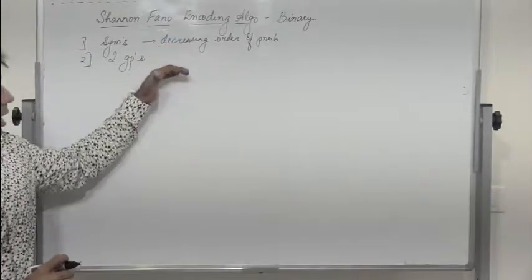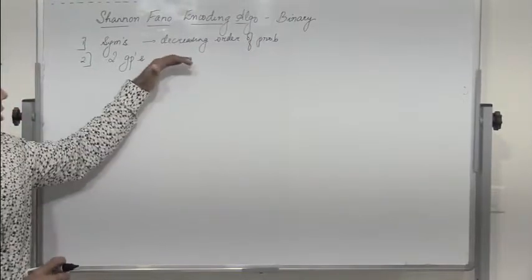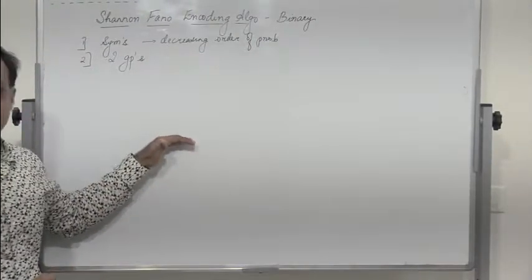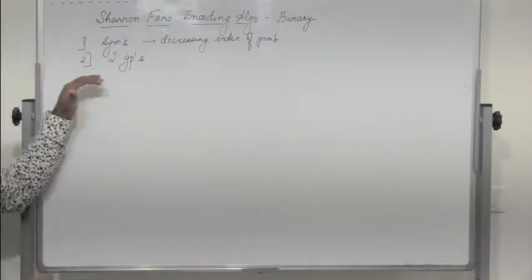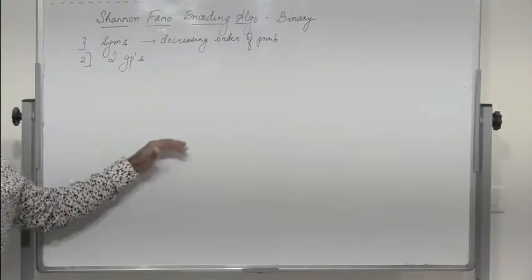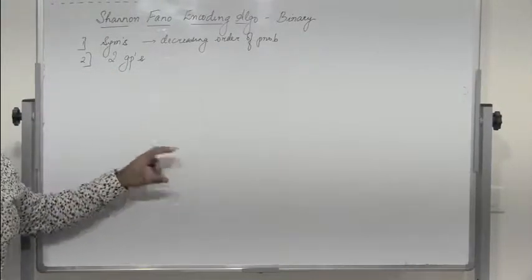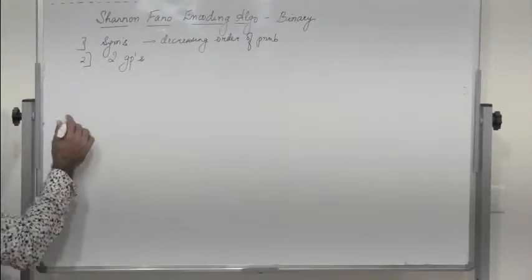You may have a number of symbols. You arrange the symbols in decreasing order of their probabilities, and then divide all the symbols into two groups of nearly equal probabilities.